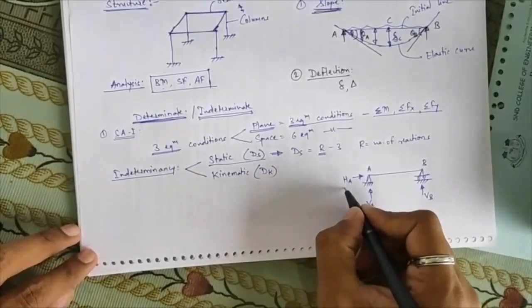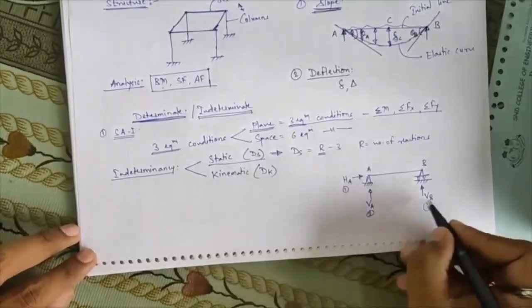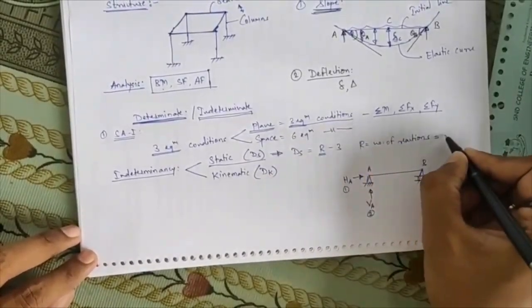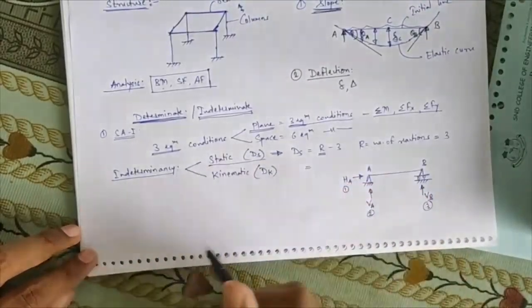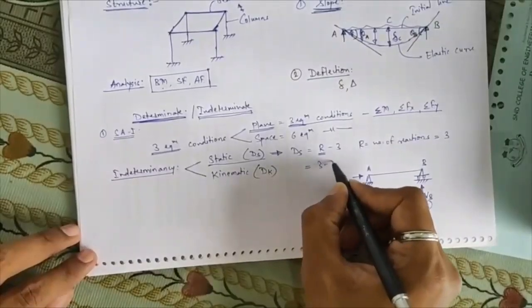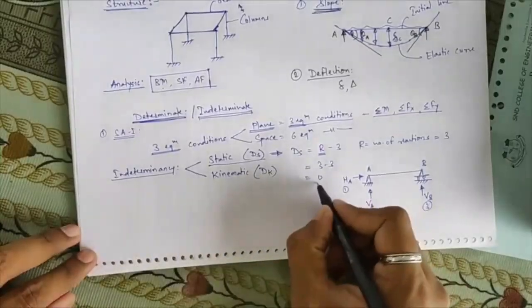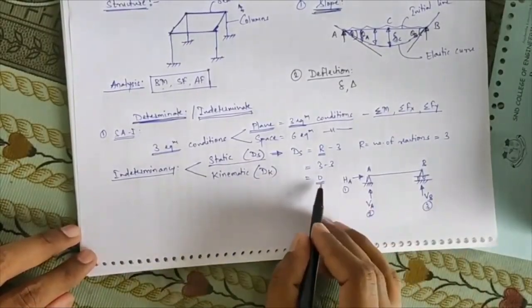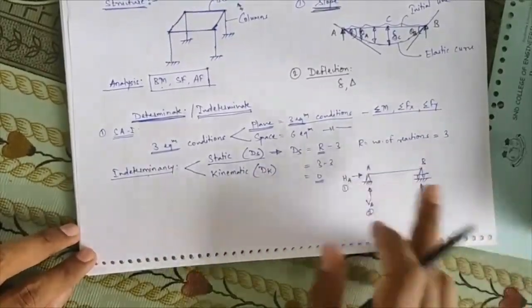So total number of reactions is 3. If you find this Ds value, 3 minus 3 equals 0. What does this 0 indicate? There is no static indeterminacy in this structure.